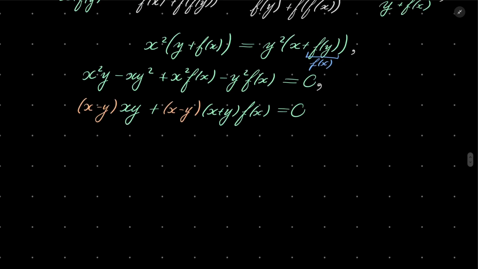And we have yet another common factor, x minus y: (x − y)(xy + (x + y) f(x)) equals 0.